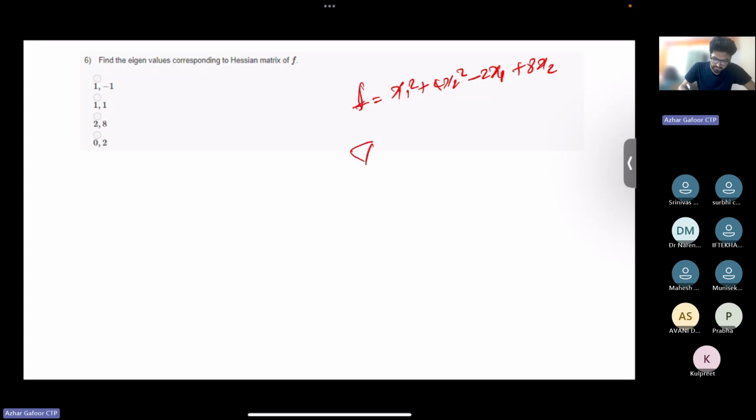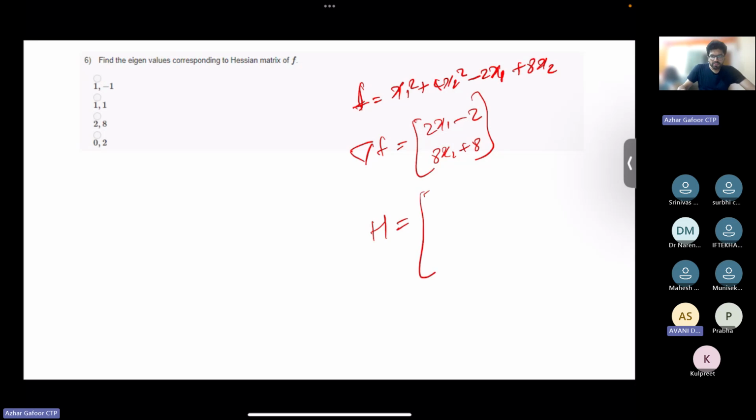The gradient we have already found: 2x1 minus 2 and 8x2 plus 8. Now we have to find the Hessian. So the Hessian will be nothing but, yeah, please go on.